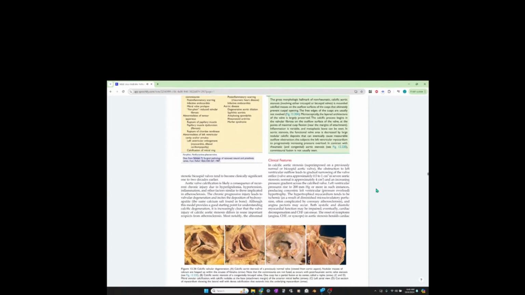Data from Schoen FJ, Surgical pathology of removed natural and prosthetic valves, Hum Pathol 18:558, 1987.